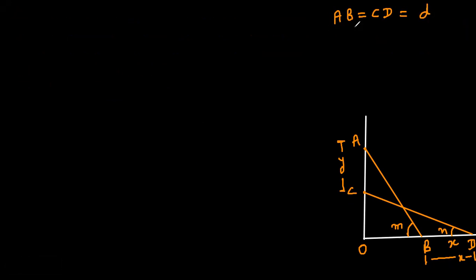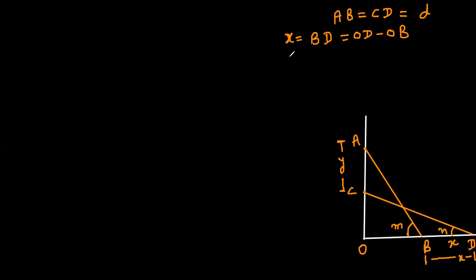Now we need to find AC and we need to find BD. Of course, our small x, which is BD, will be OD minus OB.